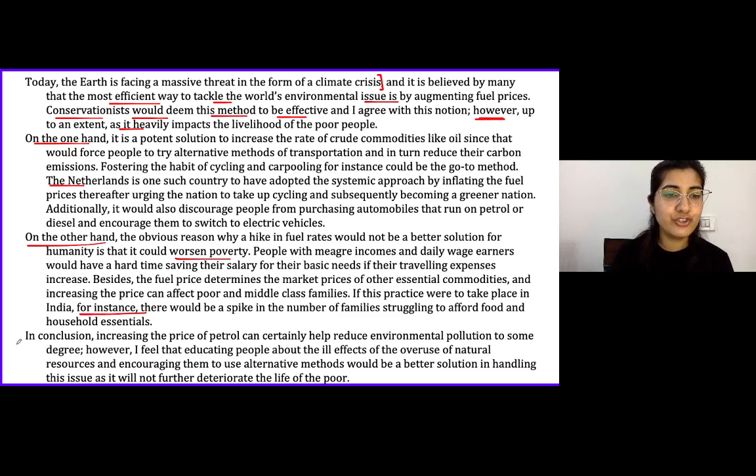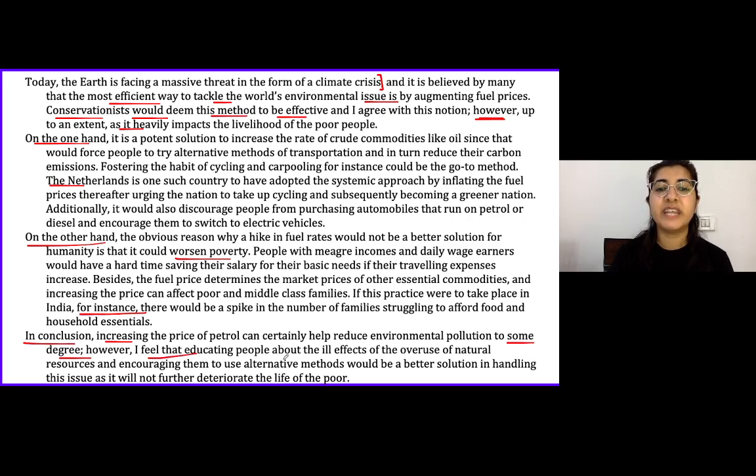Now, look at the conclusion. Again, can you see what has happened here? Paraphrasing of the question: increasing the price of petrol can certainly help reduce environmental pollution. My opinion to some degree. And then my suggestions.